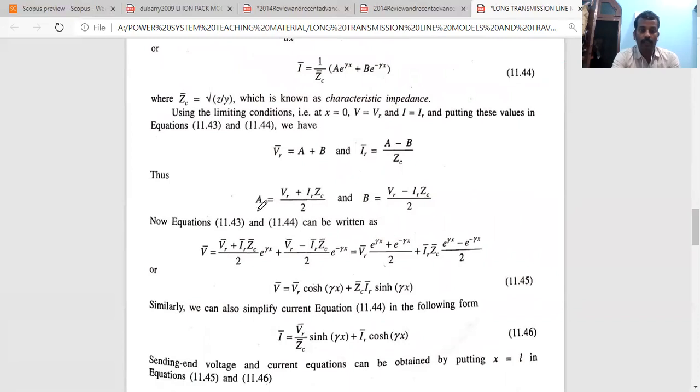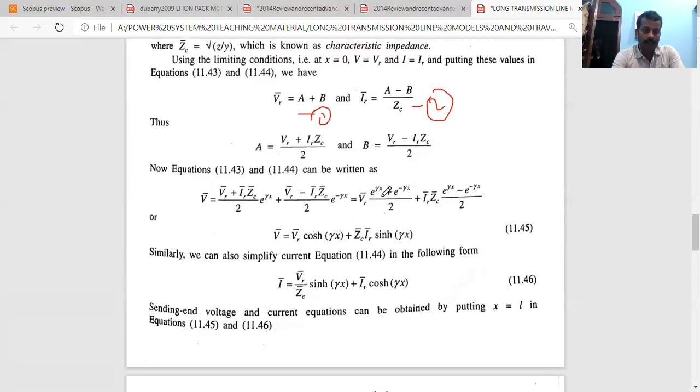If we solve these two equations in the variables A and B, we get A in terms of the receiving end voltage, receiving end current and ZC: A equal to VR plus IR ZC by 2, and B equal to VR minus IR ZC by 2.